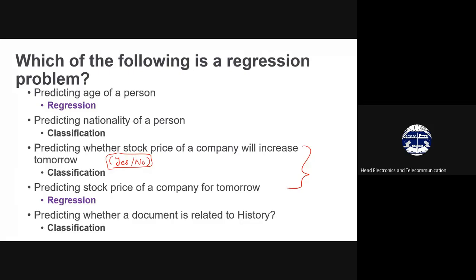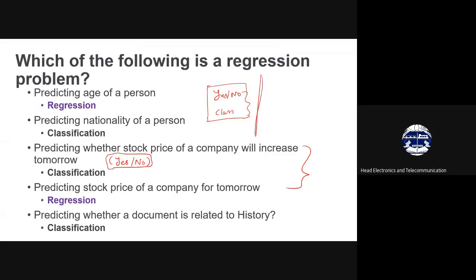So if you see these questions carefully, if the answer is of type yes, no, or the answer is of type, say, class, which class, then that means you have a fixed kind of output, binary or maybe some fixed number of class labels, not numbers actually, I should say class labels. Then it is a classification problem.